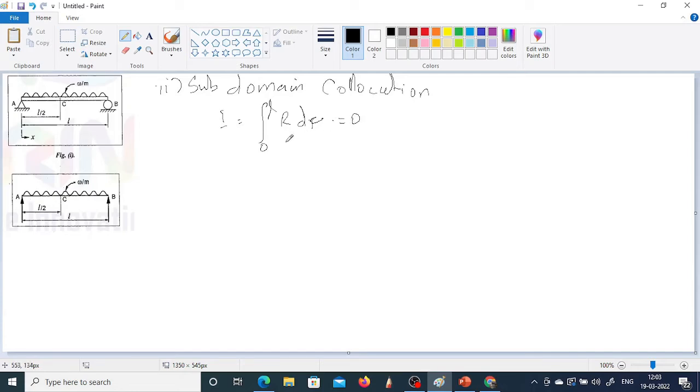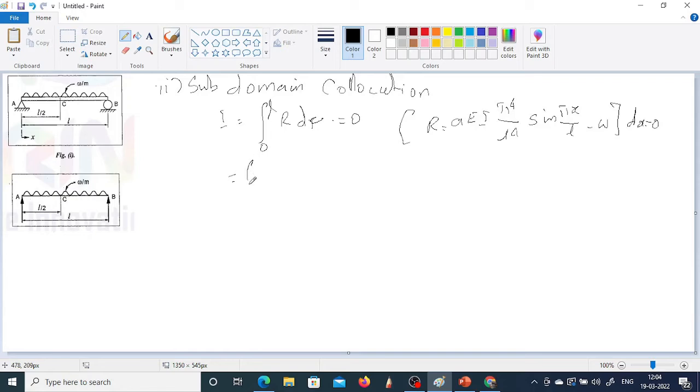So what is R? In the previous step I found R is equal to A EI pi power 4 divided by L power 4 into sine pi x by L minus W, and the integral of that dx is equal to 0. Likewise I got it. Now I may substitute this R value into our subdomain collocation common form.